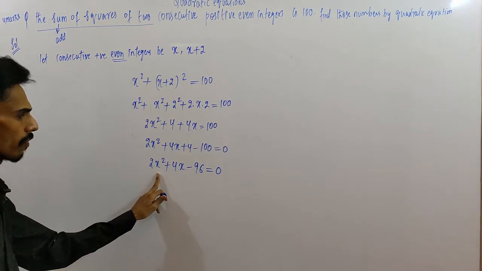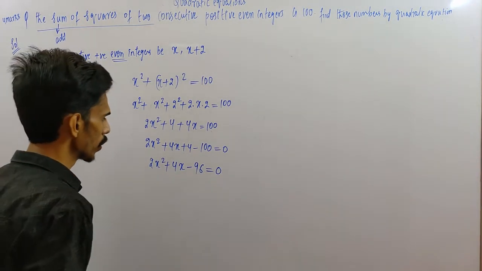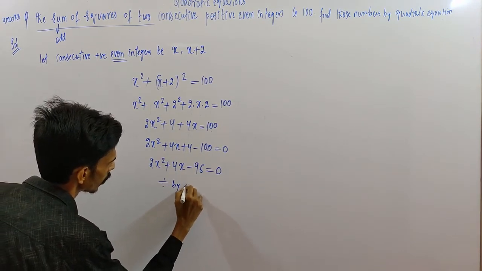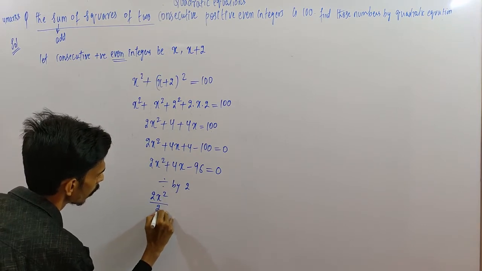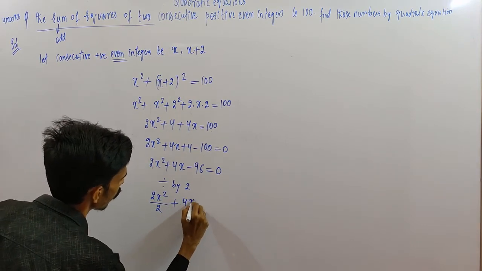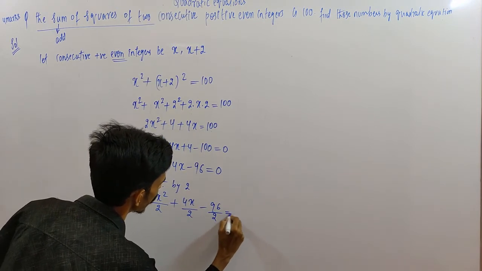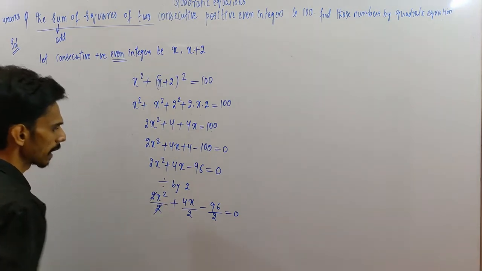Now the coefficient of x square is 2 here, so divide each term by 2. So we will get 2x square by 2 plus 4x by 2 minus 96 by 2 equals 0. Now this 2 and this 2 will get cancelled.